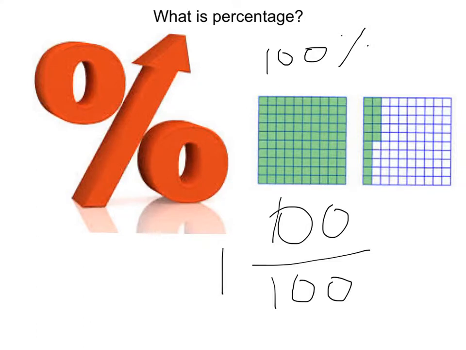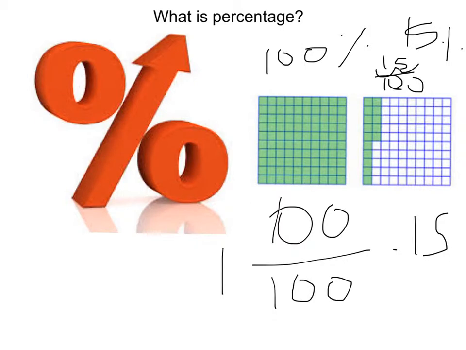This could be written as 15%, which could be 15 over 100 as a fraction, which could be 0.15 as a decimal because I just moved it 2 spaces since there are 2 zeros. It is 15 over 100 and 100 over 100 because it is something out of 100.